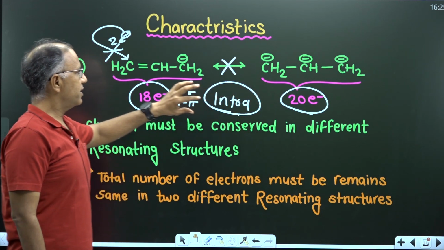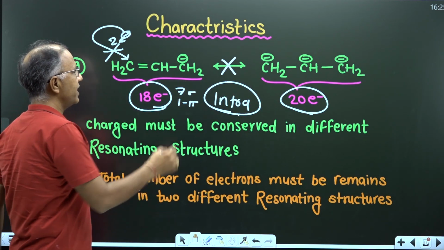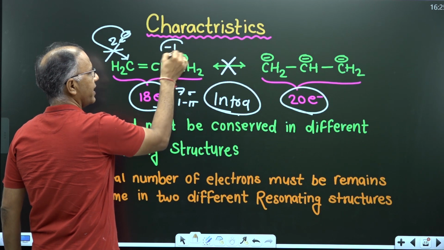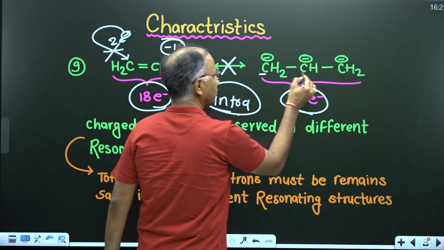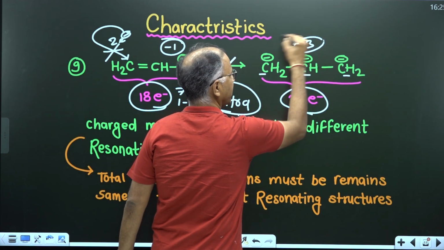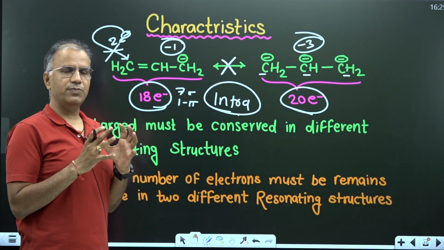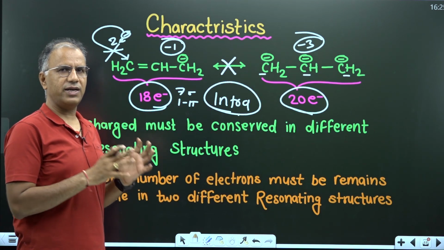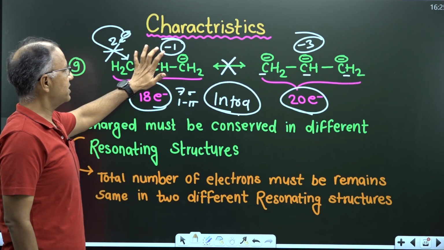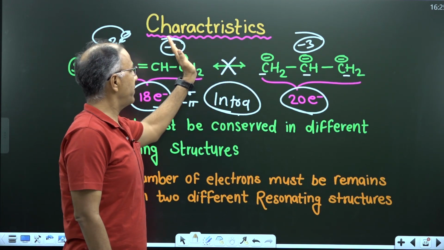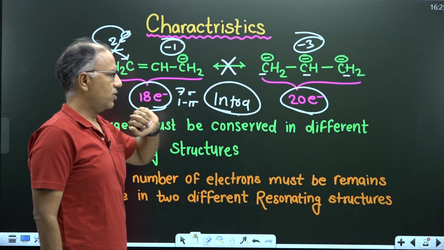Apart from this, there is one more flaw. The net charge on this resonating structure is -1, and the net charge on this resonating structure is -3. Since it is an intramolecular process, charge must be conserved in different resonating structures. In this case, charge is not conserved because of -1 and -3 charge. Got it?